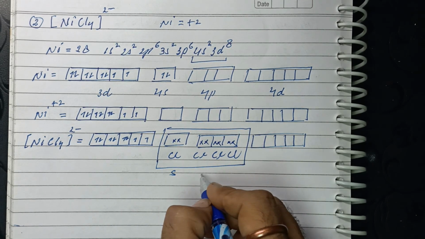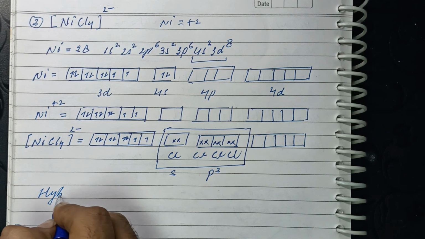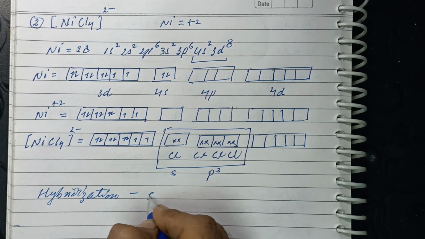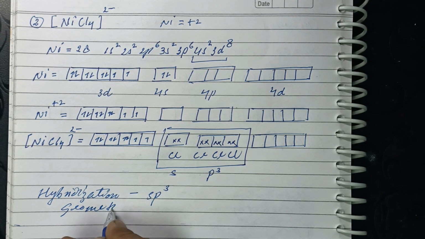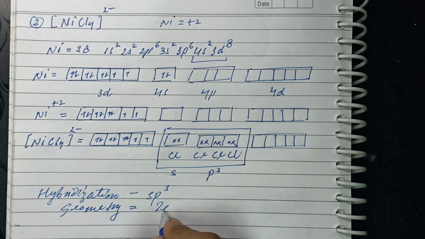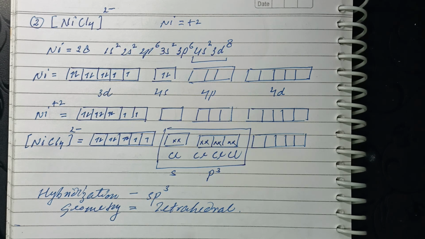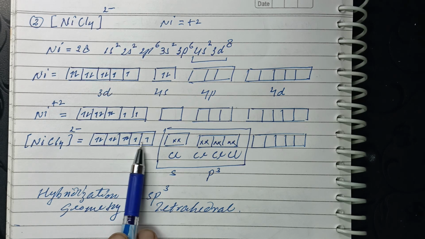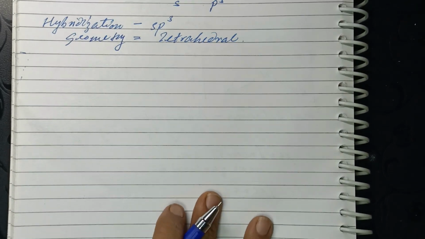This is s orbital, these are 3p orbitals, therefore hybridization will be sp3, and geometry is tetrahedral. Now, as you can see, there are two unpaired electrons. It means the magnetic behavior is paramagnetic.